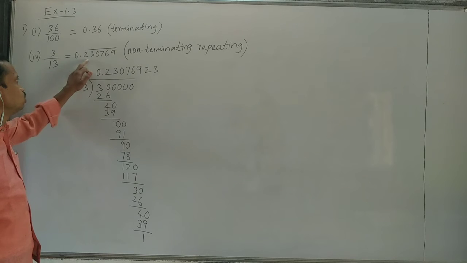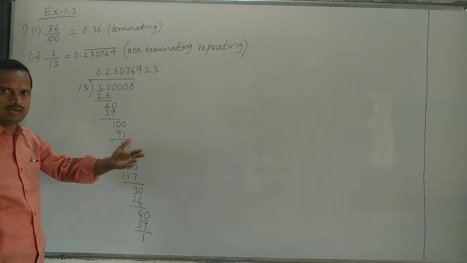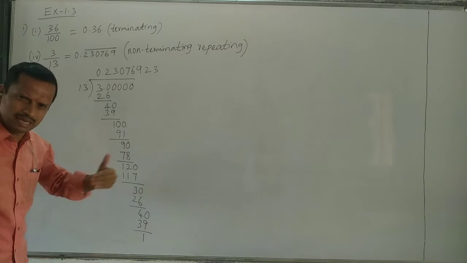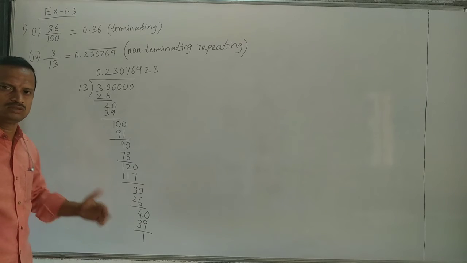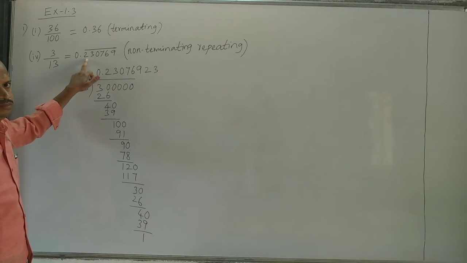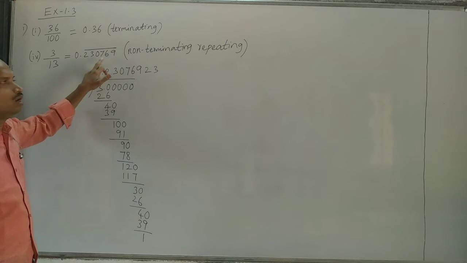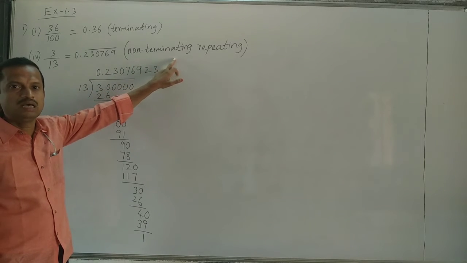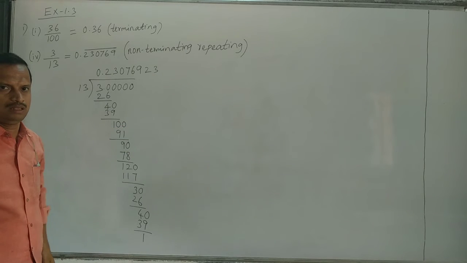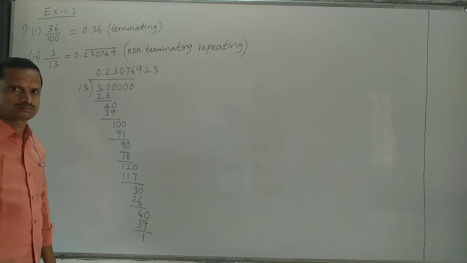What are they? 230769. And again you get 230769, and again 230769. So you can put a bar. The bar represents that 6 digits are repeating. So this is called a non-terminating repeating decimal number. Clear?